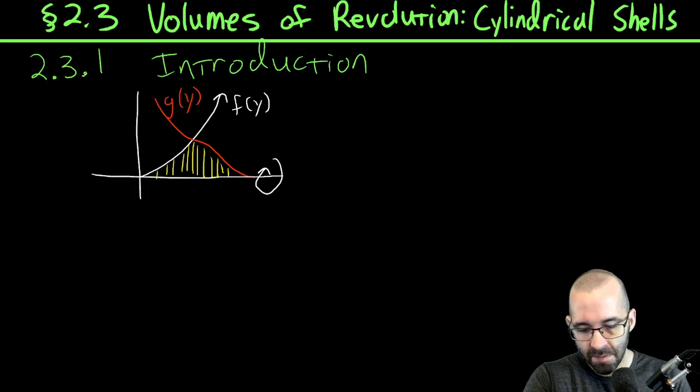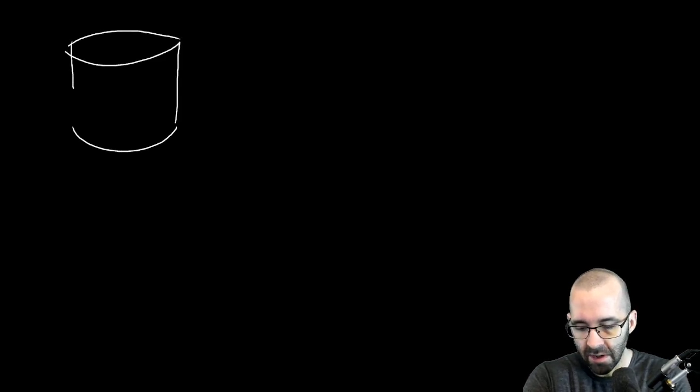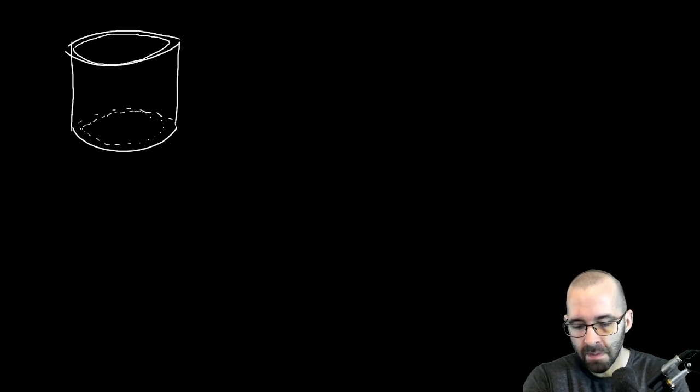I'm going to copy that down. Okay, so what it is basically is a cylinder, but it's not a full cylinder anymore. It's a cylinder and it's only a really tiny shell. It's mostly hollow. We're curious about its little volume.